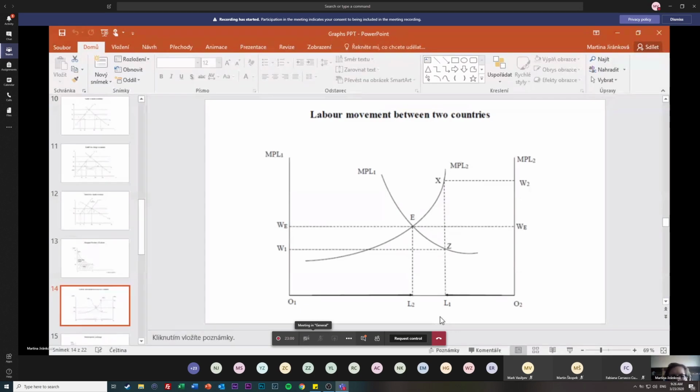Marginal product of labor in the second economy is also decreasing, but it's drawn with the opposite orientation. Please draw a chart, and I will wait a little bit, and after it we will talk about the assumptions.